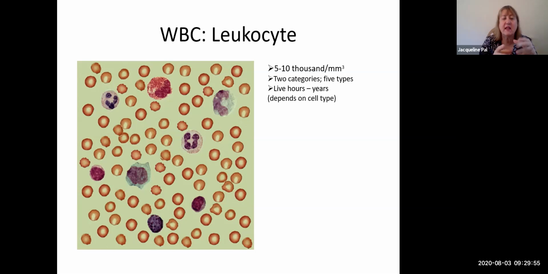As far as the life cycle of a white blood cell, it kind of depends on what type they are. Pretty much all of them only cruise around in the blood for a few hours before they exit to go do their jobs.